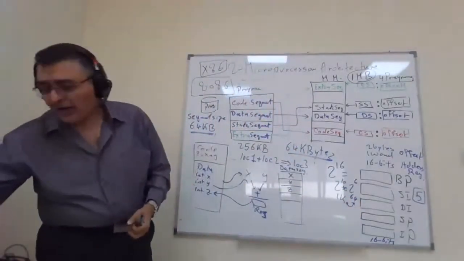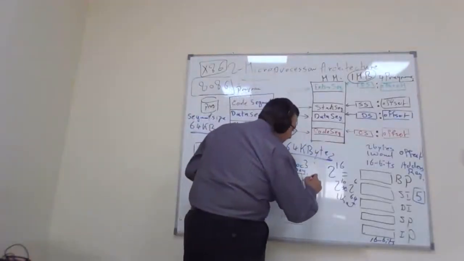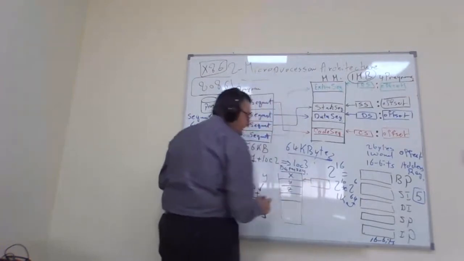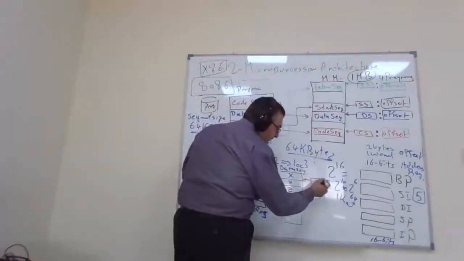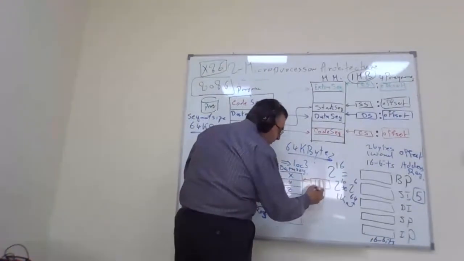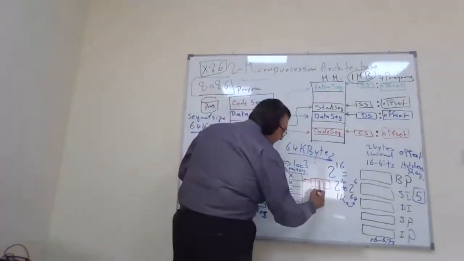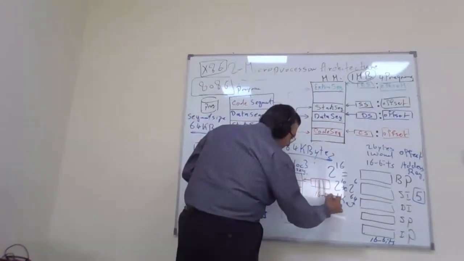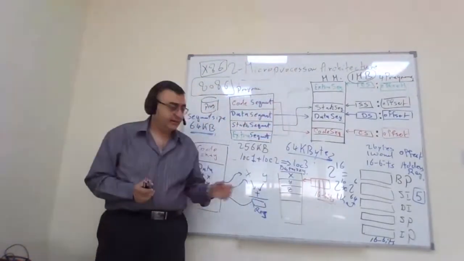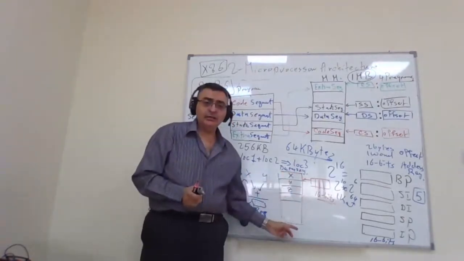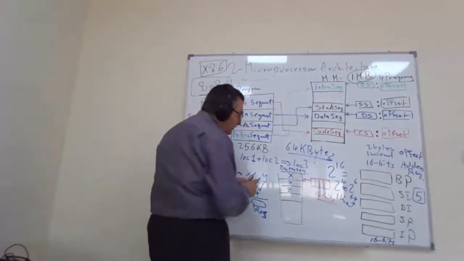So to address any byte in a segment of 64 kilobytes, I need 16 bits to address it. Those 16 bits represent what? What are the possible values for those 16 bits?